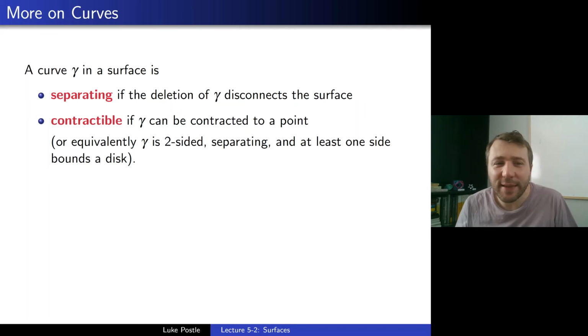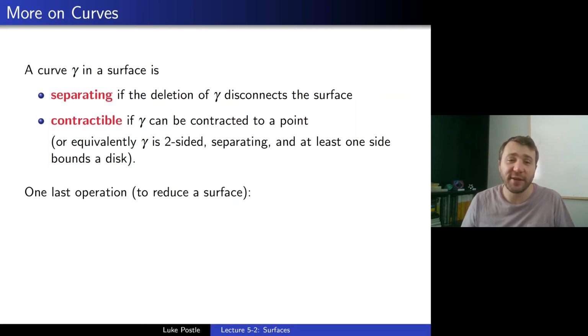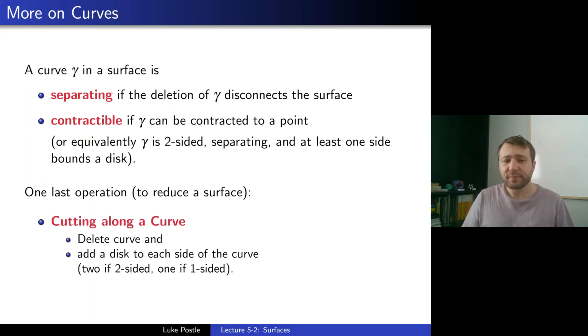So that's helpful. And then lastly, I wanted one more operation on surfaces, which is instead of augmenting to make larger ones, you can think of reducing. And that can be done by what's called cutting along a curve. Again, this should all be for closed curves. If you have a closed curve gamma, you delete the curve and you add a disk to each side of the curve.